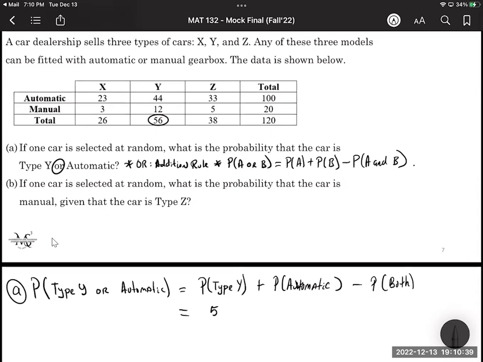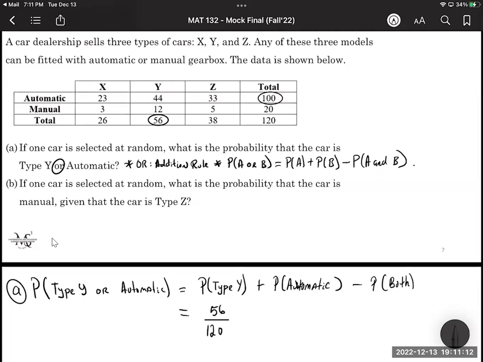It's 56 divided by the total number of cars, which is 120. Now, how many cars are automatic? 100, but don't we have to subtract 44 to not duplicate? We're going to get there. I didn't get there yet, but we will. Not 44. How many automatics are there? 100 out of 120.